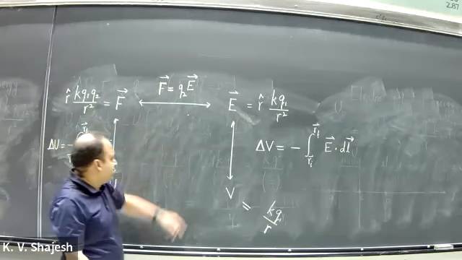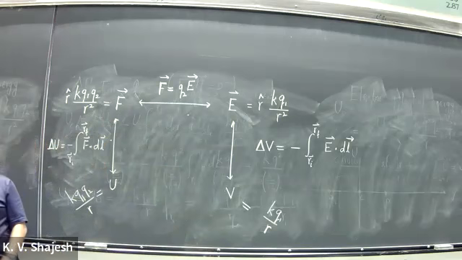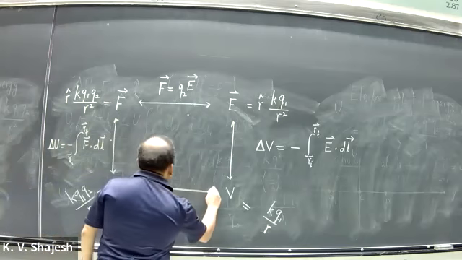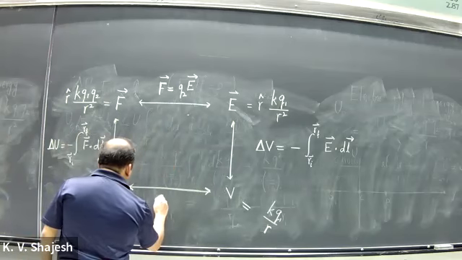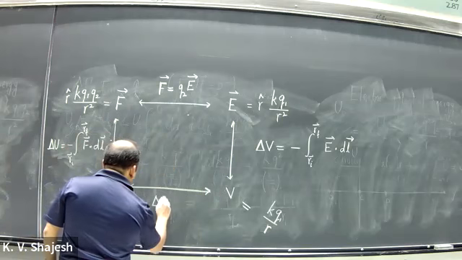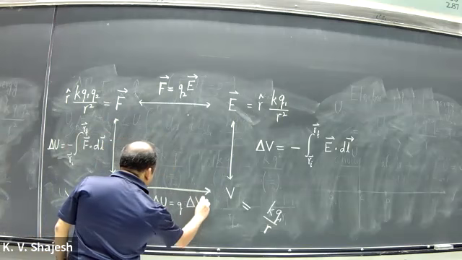If there are all these connections, there must be a connection there, which we pointed out is dividing by Q. And the connection is that U, or the change in U, is equal to Q times the change in V.